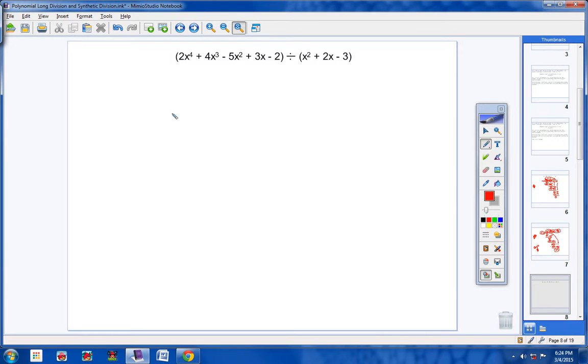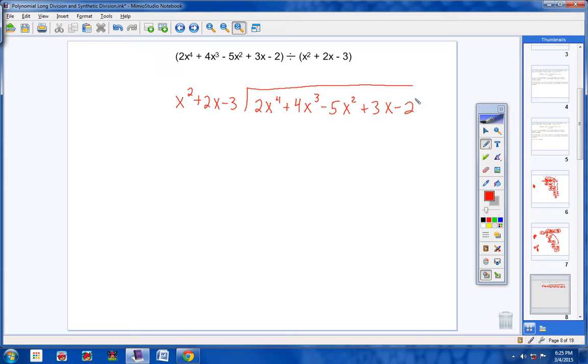Alright, here we go. Let's write our divisor in standard form. Highest power first, then your next highest power, and then your constant term, okay? Next, write this in standard form. So your highest power first, then your next highest power, then your next highest power, then your next, then your next.